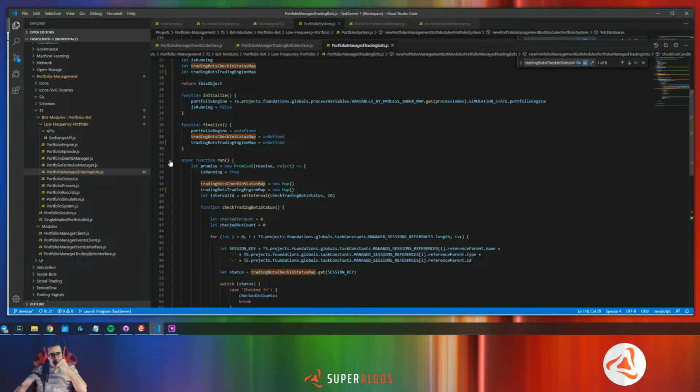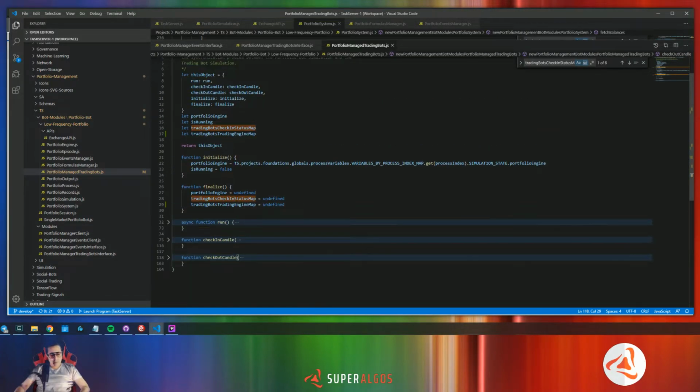So I will create another function here that is going to be about that.